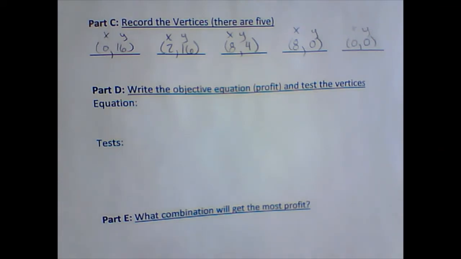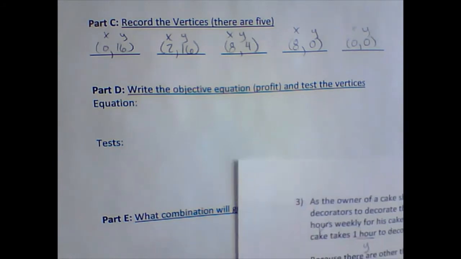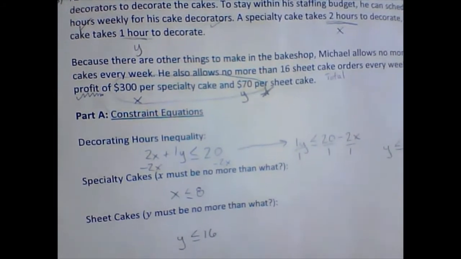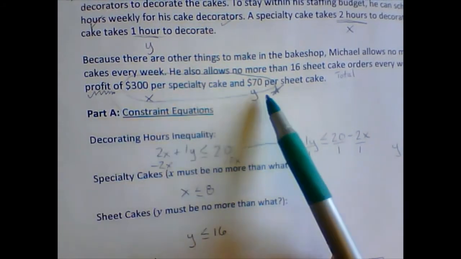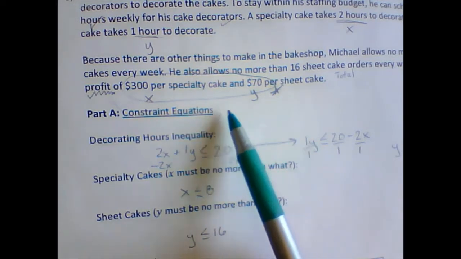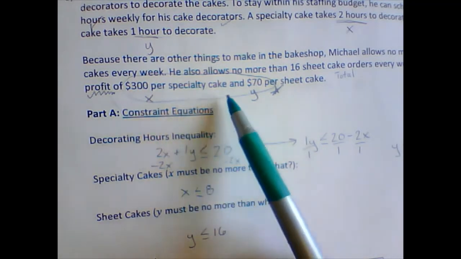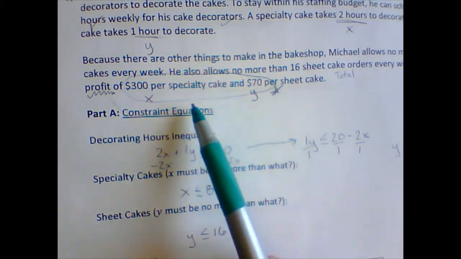Last part, we have almost made it. Here we go. We got information out of the story problem. We have information in a picture on a graph. We are ready to figure out money making. Okay, in order to do that, we're going to go back to this profit equation. After the graph, after you find the vertices or the corners, that's when you find the profit.